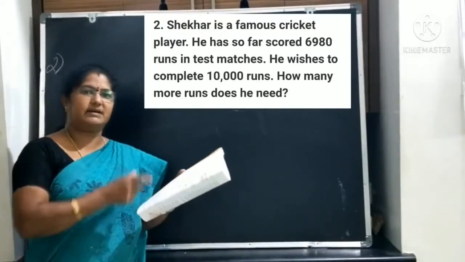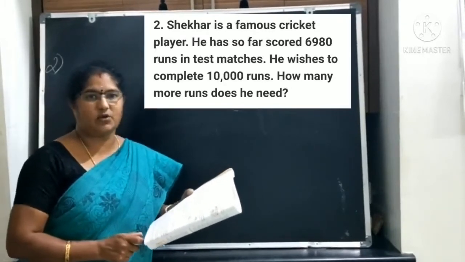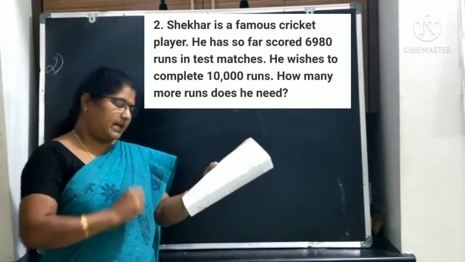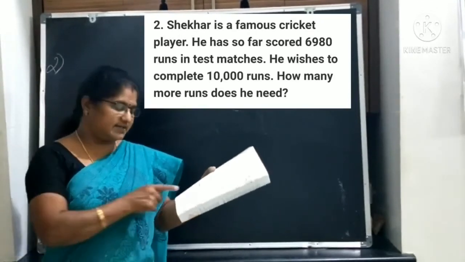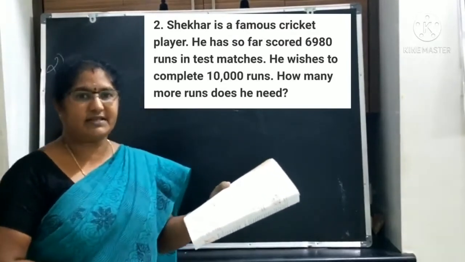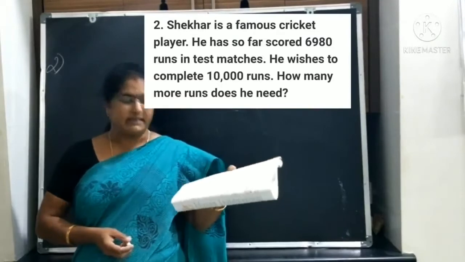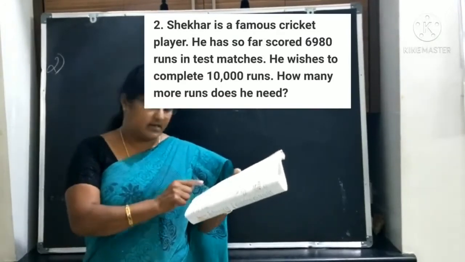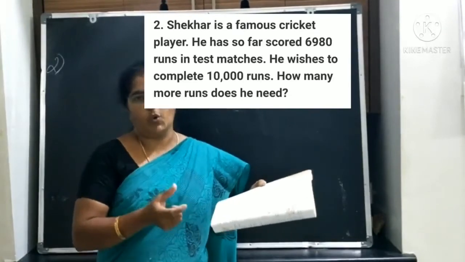So what is the step for the biggest number? The biggest number is 10,000. What is the step? Runs he wishes to complete, isn't it? He wishes to complete 10,000 runs. So the step is runs Shekhar wants to, or wishes to, score.